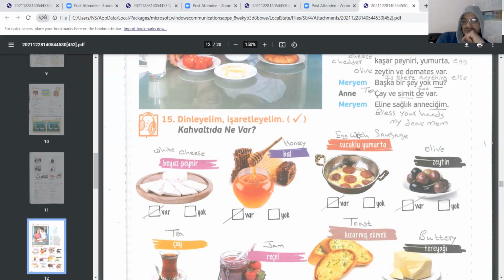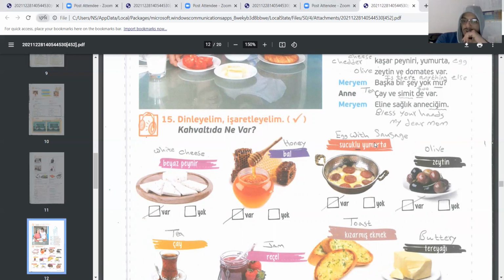We'll take this form in the next lectures. That means with. Sucuklu, with. When I put this form, that means with meat, with sausage, with cheese.